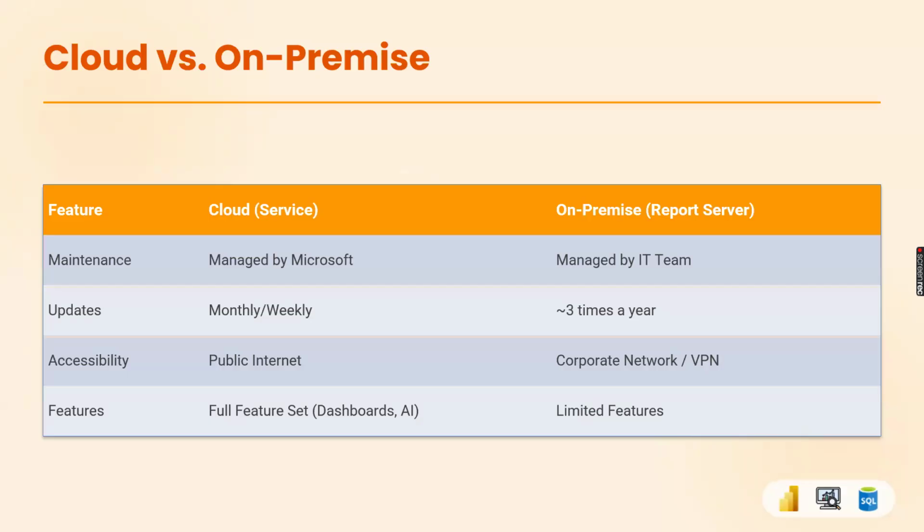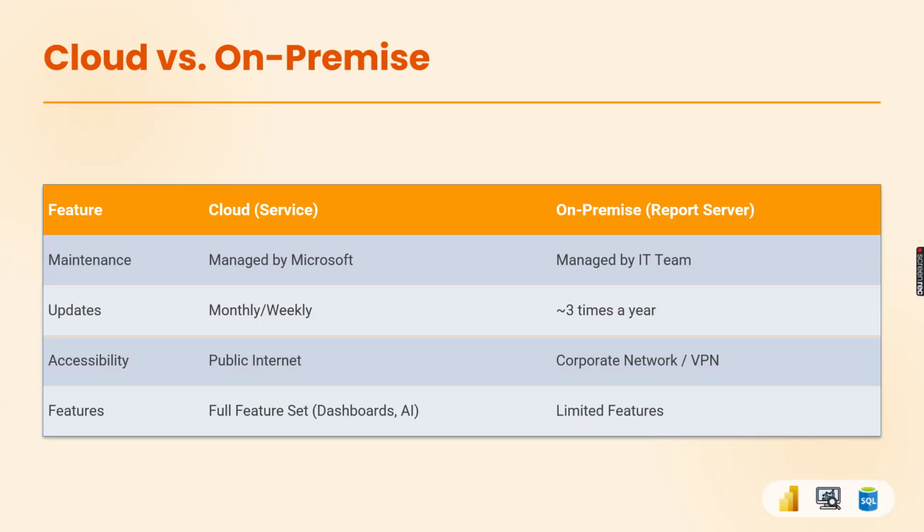Normal cloud BI and on-premise: on-premise should be maintained by our IT team, and once every 3 years we need to update it. But cloud service gets monthly and weekly updates, and it is maintained by the Microsoft team.